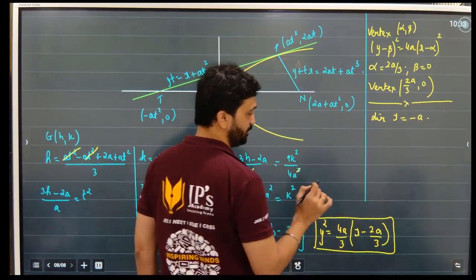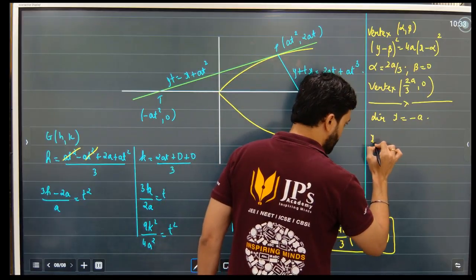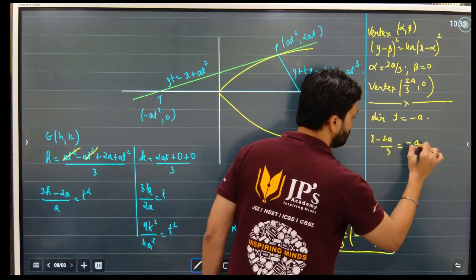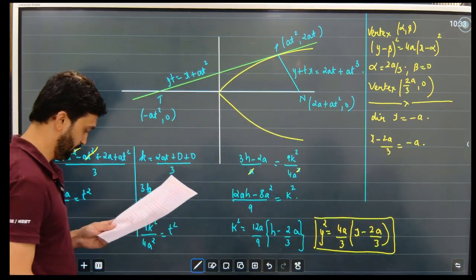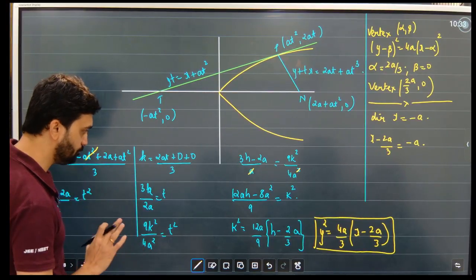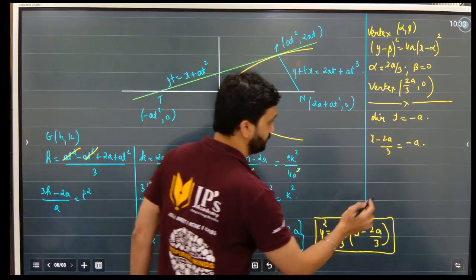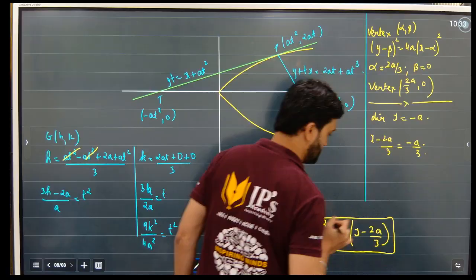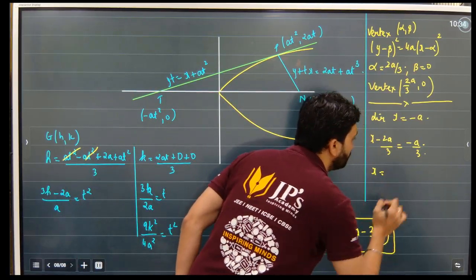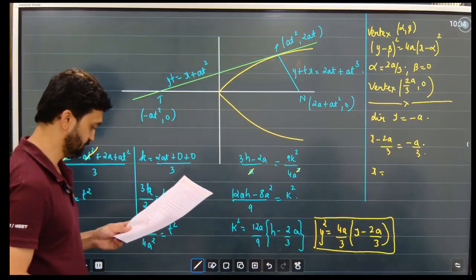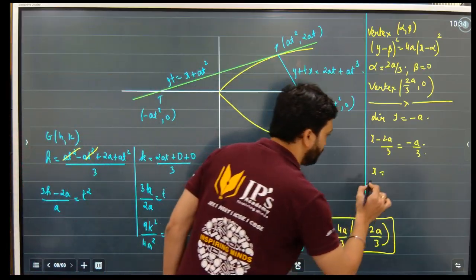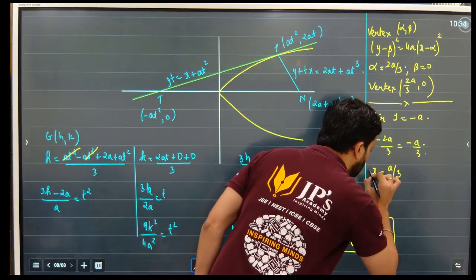Here x is not x, this is x - 2a/3 = -a. So x = 2a/3 - a = -a/3, and I come to know that x is nothing but -a/3. This is your directrix.